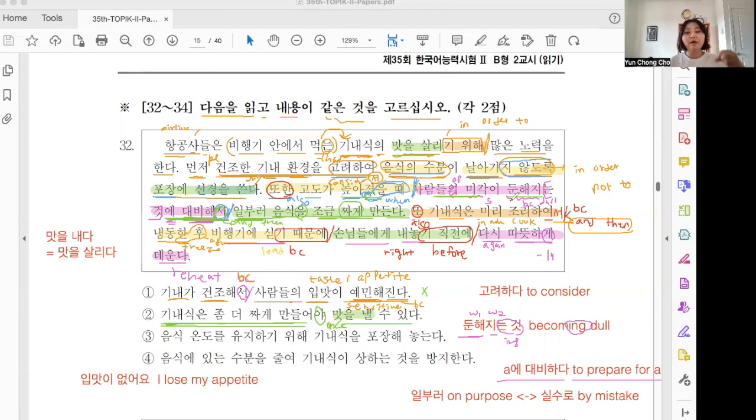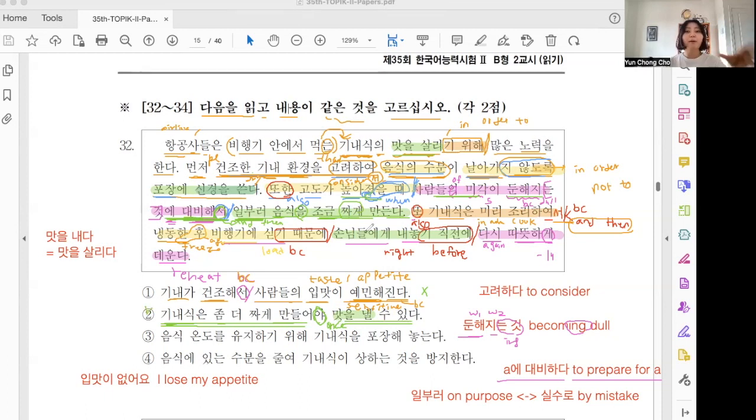So they make it a little bit salty so that they can taste the food. This is the logic. So 기내식을 좀 더 짜게 만들어야, once they make the in-flight meal a little bit salty, 맛을 낼 수 있어. They can make it delicious. 그렇죠. 그래서 this is the right answer.